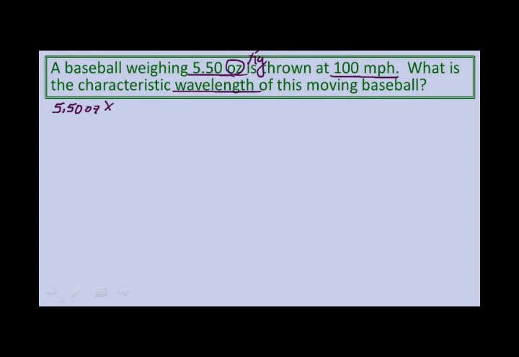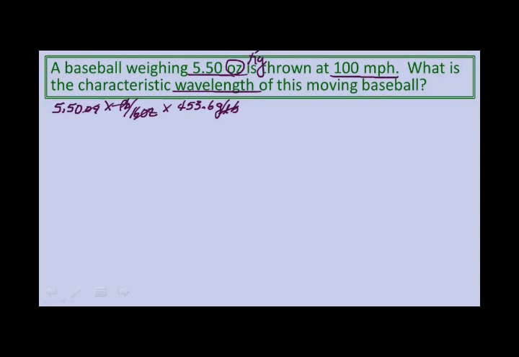So let's see. I know that in a pound there are 16 ounces. My ounces will cancel. And I know in a pound there are 453.6 grams. So now my pounds cancel. Good.